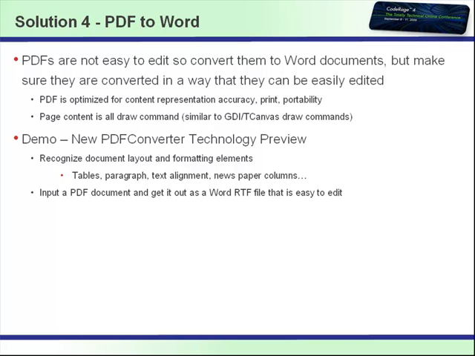So the converter has to be able to recognize all kinds of elements like that, and make it into a table. So a table should be converted to a table. Paragraphs should be handled, and alignments, and newspaper style columns, and so on. So let us see how far we have come in this particular challenge that we took up.